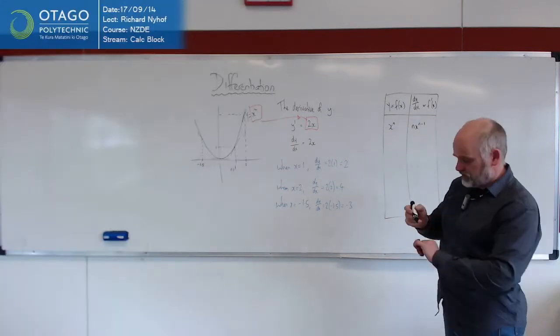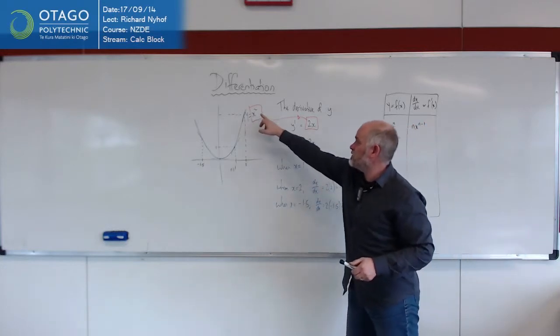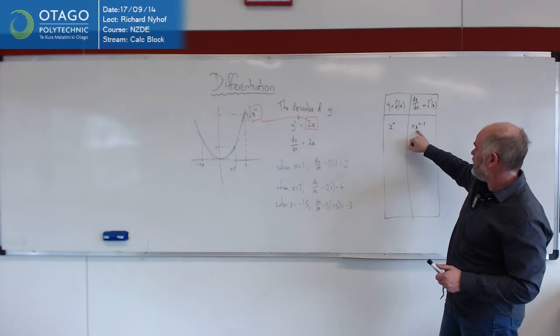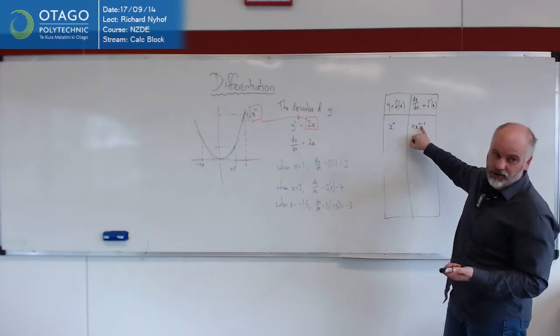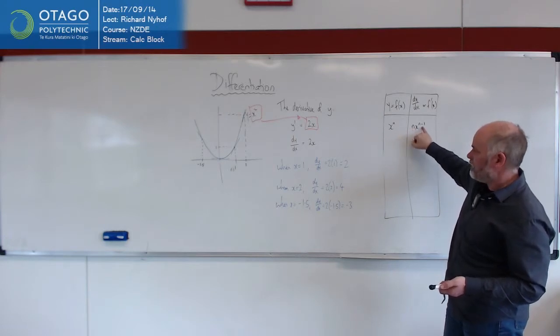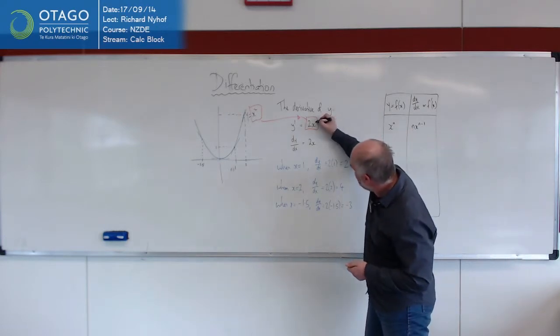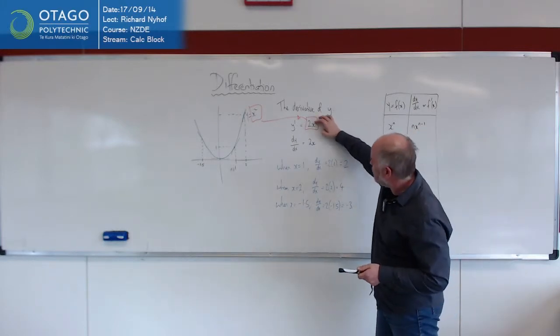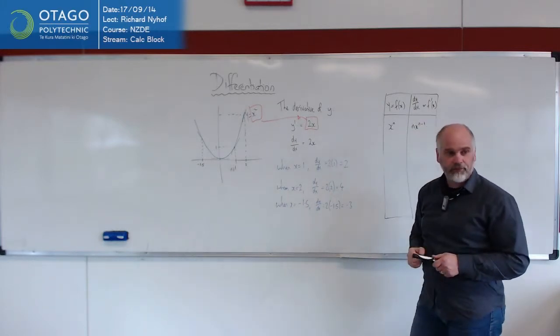Okay? So in this case, we had x to the power of 2, so n was 2, so the answer is 2x, 2 minus 1 is 1, power of 1. So x squared is changed into 2x to the power of 1, so really there's a wee 1 on there. But powers of 1 don't change anything, so we just don't bother writing it, we leave it off.